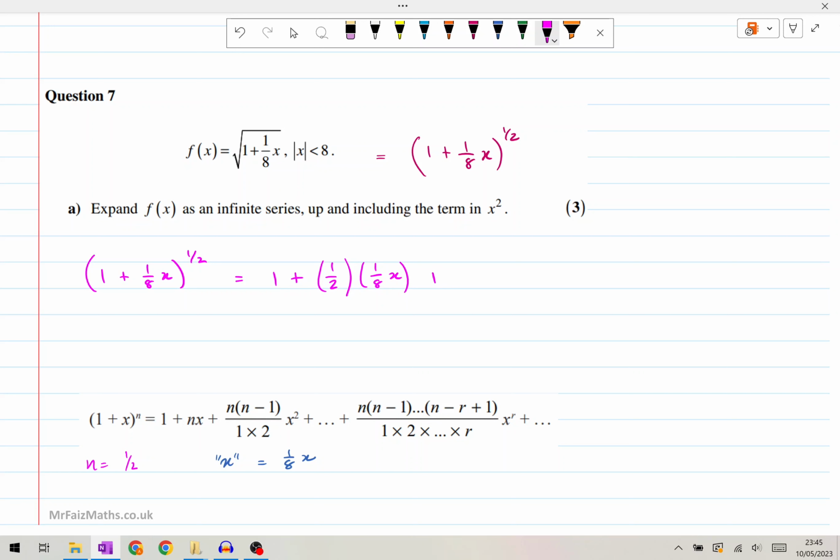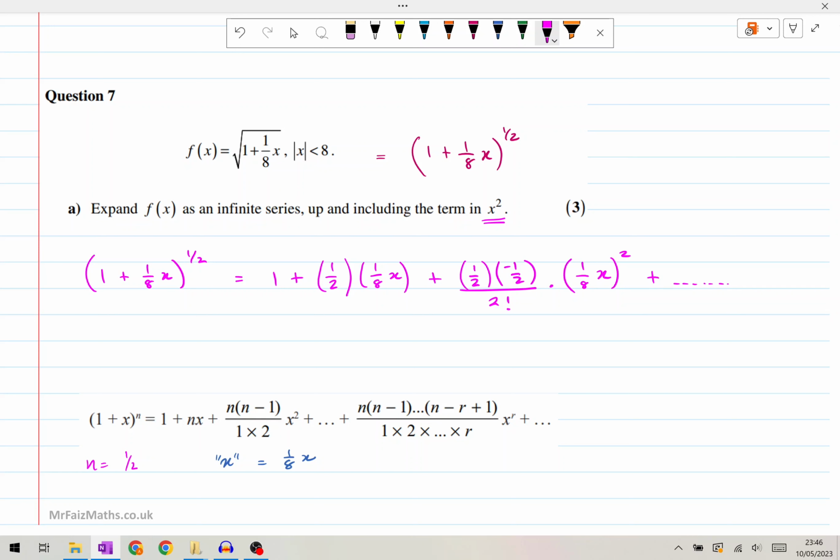The next term is going to be plus n times n minus 1, so that's a half times minus a half, divided by 2 factorial, or 2 times 1, which is just 2, times the x squared term, so this is going to be 1 over 8x and then the whole thing squared. On this question, we are only asked to expand up to the term in x squared, so we'll just say plus dot dot dot to show that the sequence just continues forever.